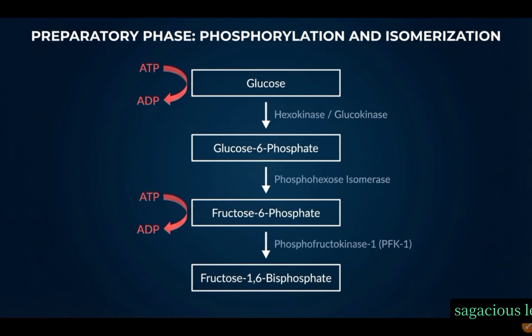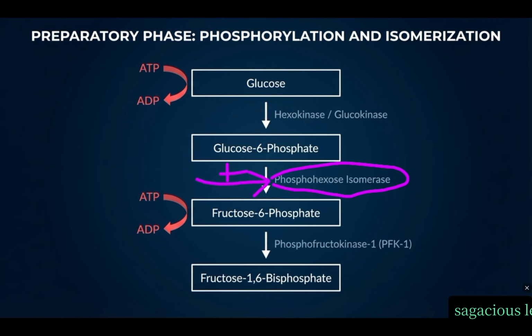Now from here, we convert glucose-6-phosphate to fructose-6-phosphate, and it is done by an enzyme known as phosphohexoisomerase. Phosphohexoisomerase stimulates the conversion of glucose-6-phosphate to fructose-6-phosphate. If they ask you which enzyme converts glucose to glucose-6-phosphate: if in the muscle, choose hexokinase; if in the liver, choose glucokinase.